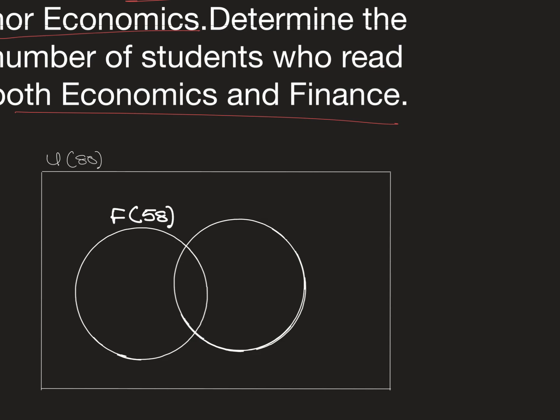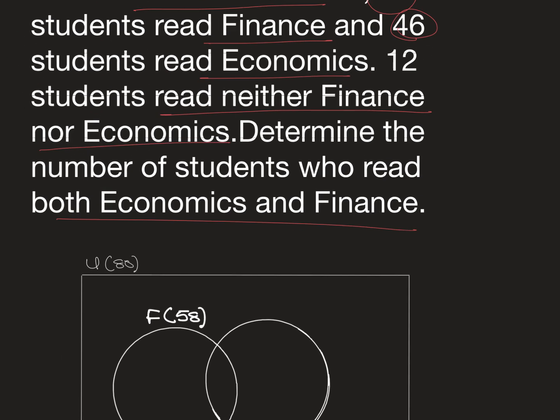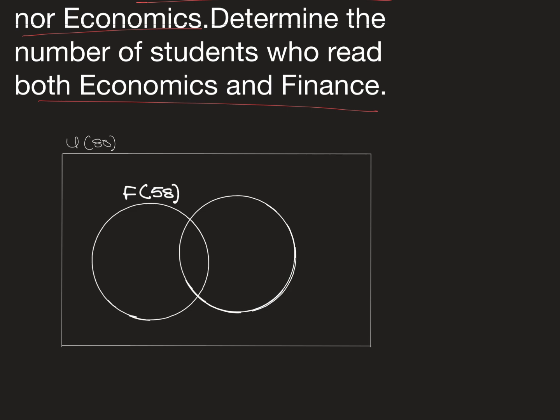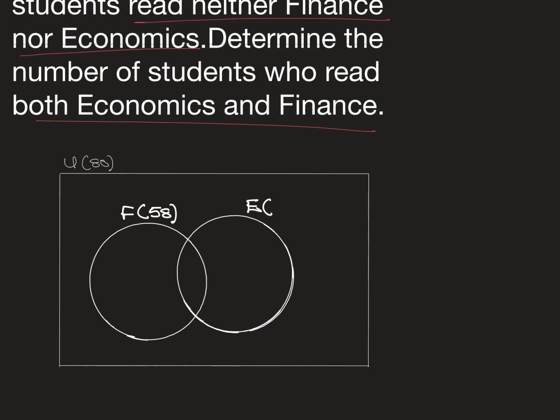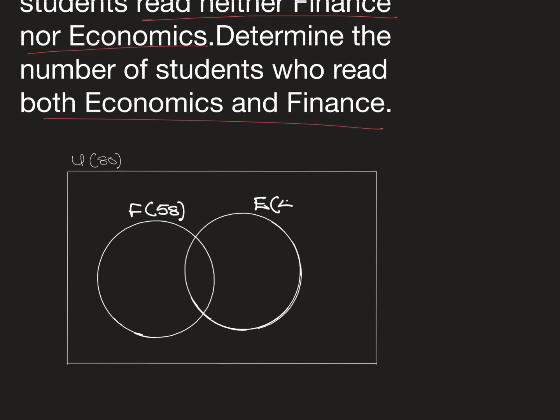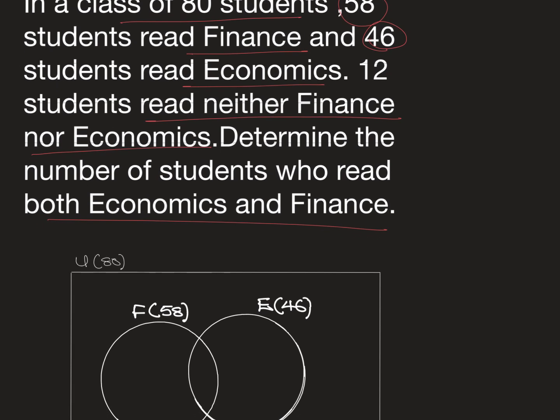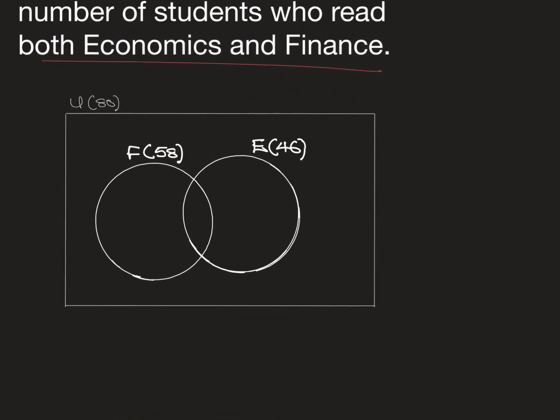Okay? And it says 46 students read economics. So that is the total number of students reading economics is 46. And 12 students read neither finance nor economics. So that has to be outside of our set. 12 students are not studying finance or economics.